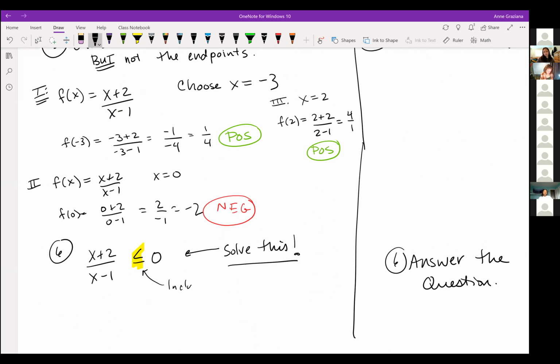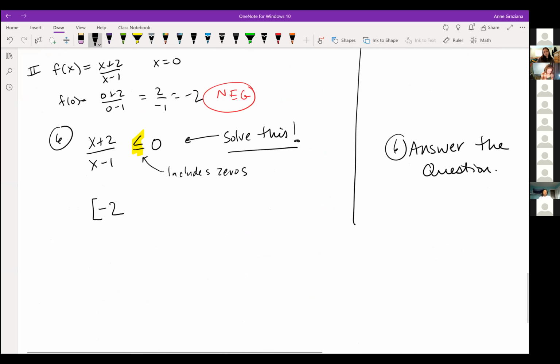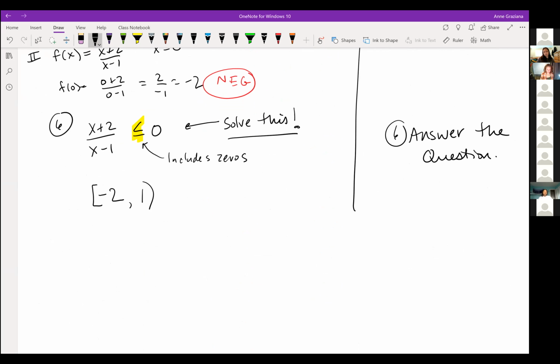So -2 is included, but 1 is not, because you never include bad numbers. And that is the answer. After all of that, that is the final answer. So we solved the inequality. We found when the outputs are going to be less than or equal to 0. It's a lot of steps.